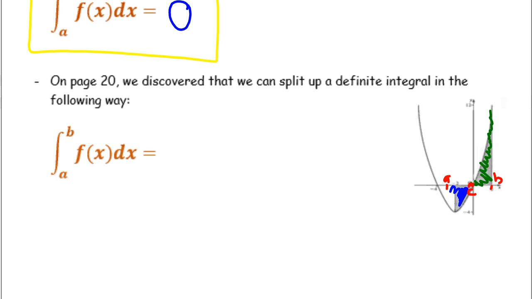So it's kind of like you're adding together the integrals of both of them, but in a way like the absolute value of the integrals. Like the integral from a to c of f of x dx, plus the integral from c to b of f of x dx.